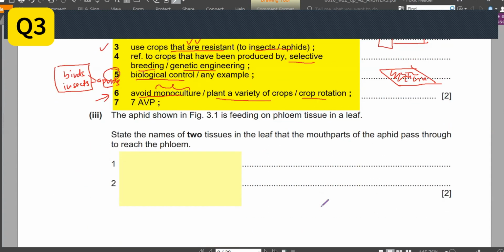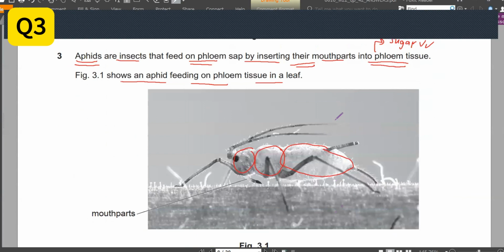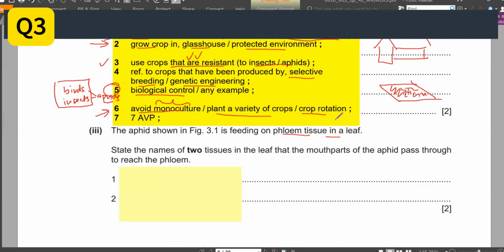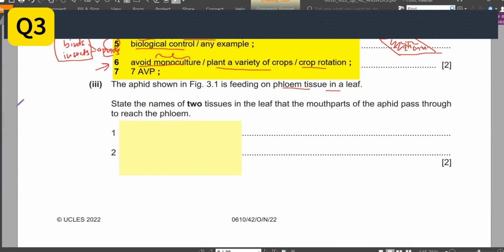Next, aphid shown in figure 3.1, feeding on phloem tissue in a leaf. So that's what we are seeing here. State the names of 2 tissues in the leaf that the mouth parts of the aphid pass through to reach the phloem. So for this question, it will be useful to take a look at a picture.